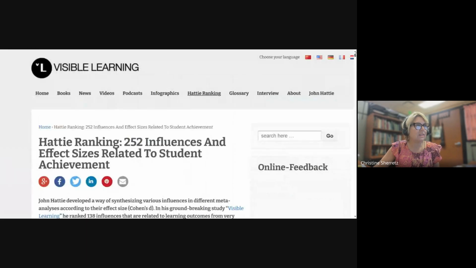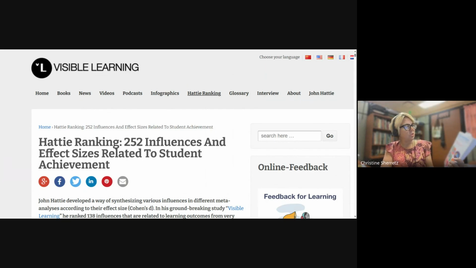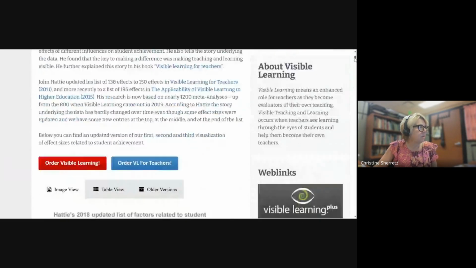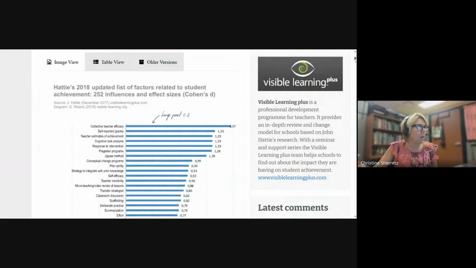John Hattie has done research, and he has published a book called Visible Learning, where he does a synthesis of over 800 meta-analyses relating to school achievement. And so this has a lot of the different studies, and what he does is he ranks them according to effectiveness. So when you look at research effectiveness, anything above a 0.5 is going to be pretty strong. Anything above a 1 is extremely strong.